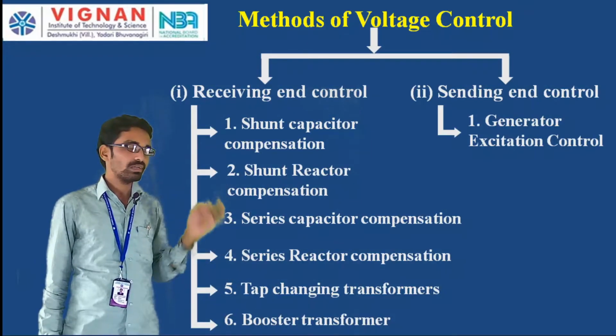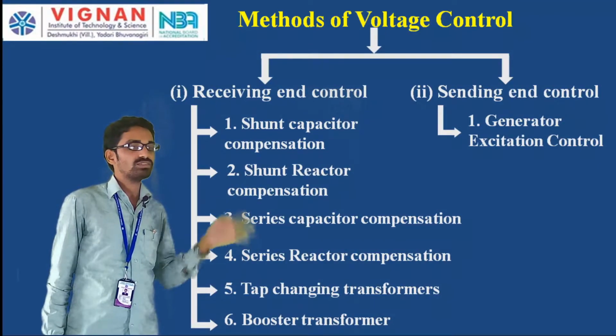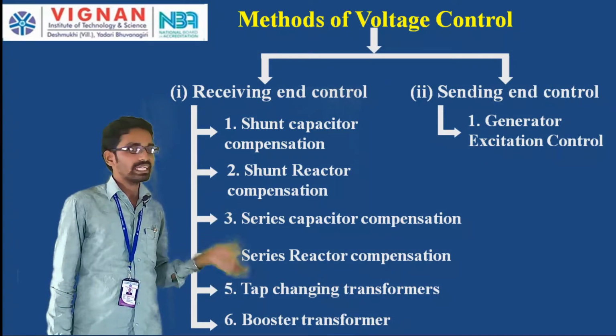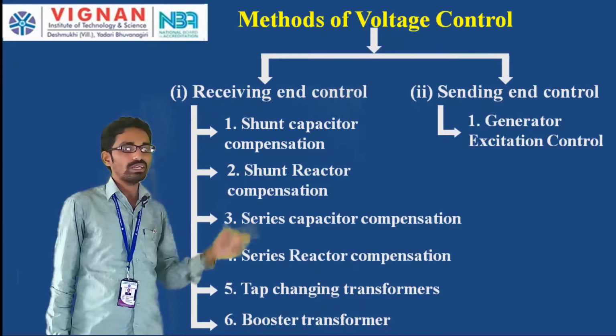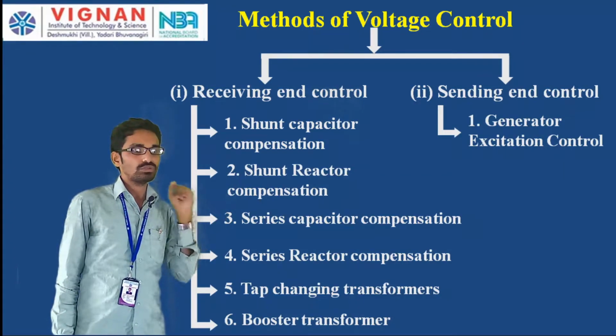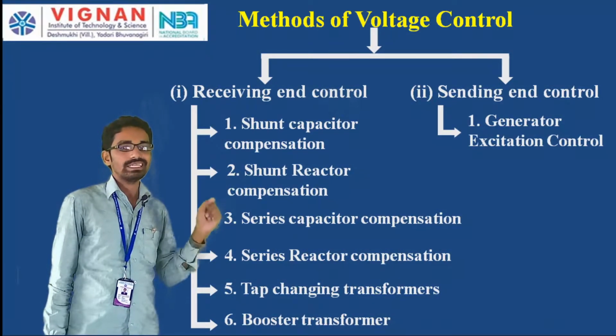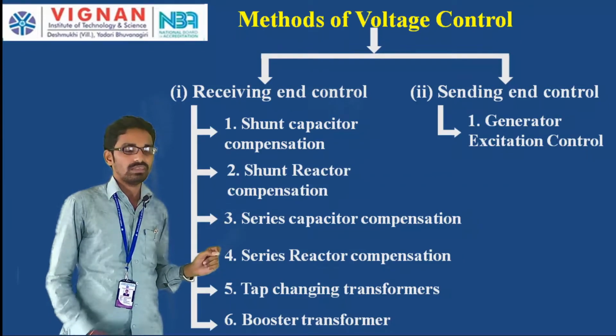At the starting of this unit we have seen that excitation will change the reactive power, and that reactive power in turn changes the voltage. So, that is what we have seen at the beginning of this unit 2, right. That we are going to use here as the sending end voltage control method.